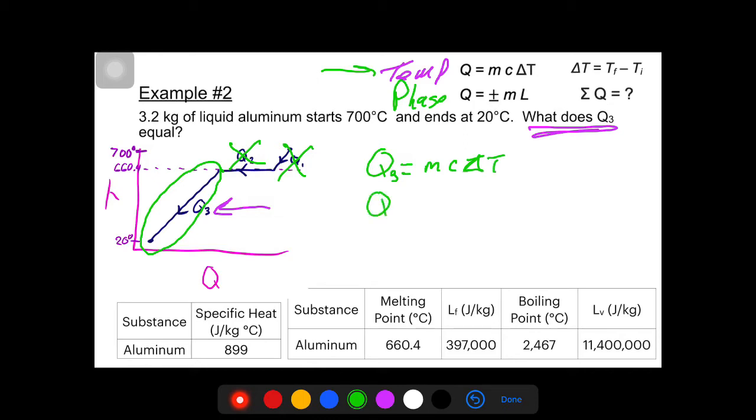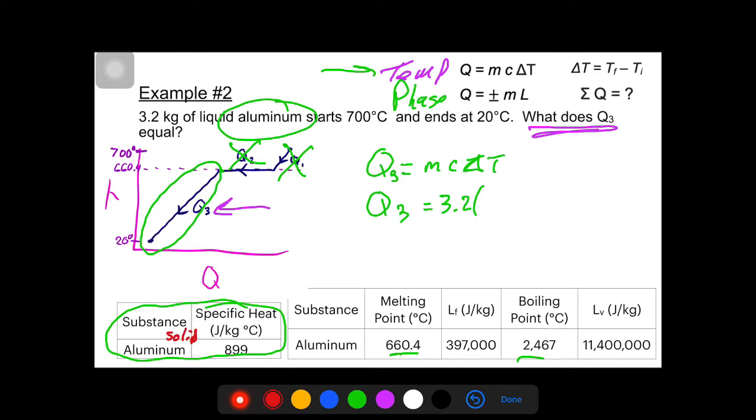So we can go through and say Q3 is equal to the mass, which is 3.2, times the specific heat. Now, we know it's aluminum. This is our temperatures that we go through the phase change, and I only know the specific heat of aluminum. Now, just to set the record clear, this is of solid aluminum.